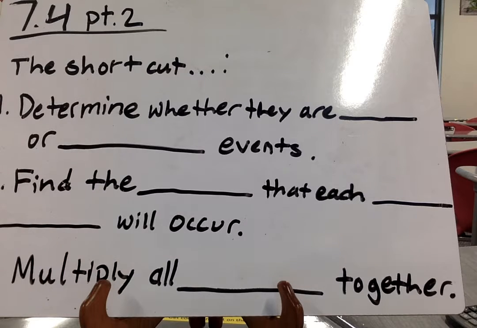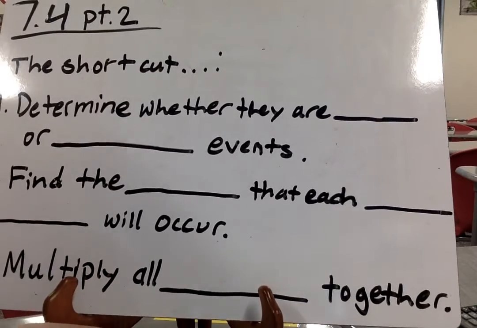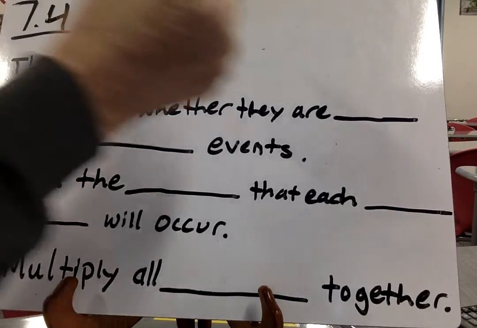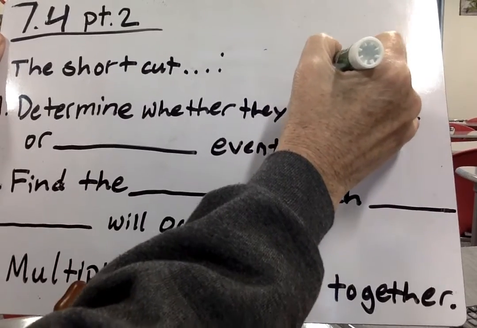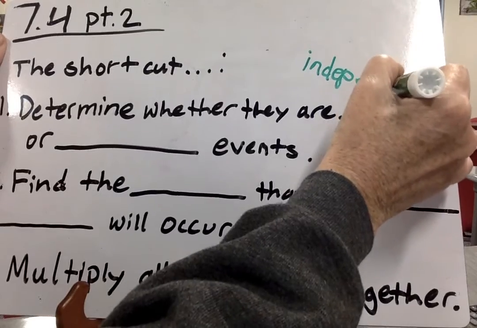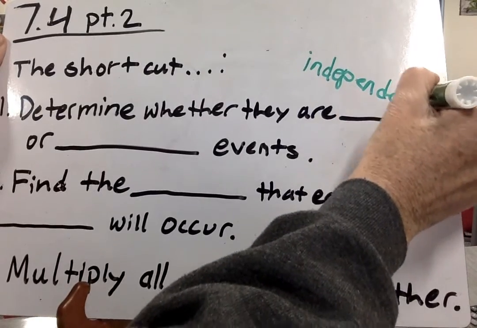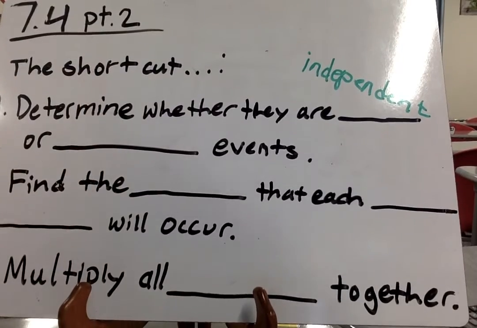Okay, so determine whether they are independent or dependent. I don't know if you can see that really well because of the light. So you need to determine if they are independent or dependent events.